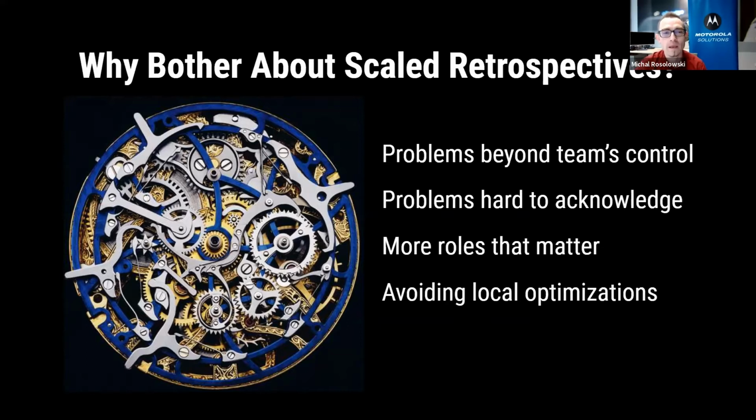And lastly, in a complex organization, optimizing things locally in a context of a team may be suboptimal. For example, the same problem may be fixed by two different teams two different ways. Or worse, one team can fix something that will introduce a breakage on the other team. So sometimes we have to fix things globally.